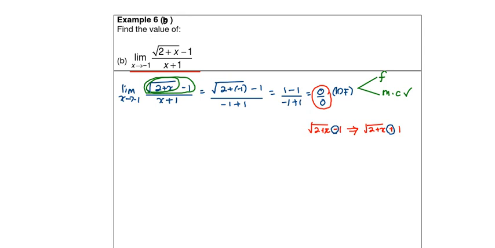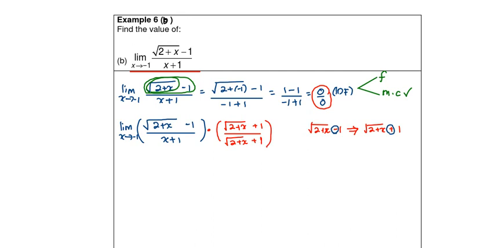Now, we multiply with conjugate. Limit x approaches -1 for the function square root 2 plus x minus 1 over x plus 1, times the conjugate, square root 2 plus x plus 1 over square root 2 plus x plus 1.